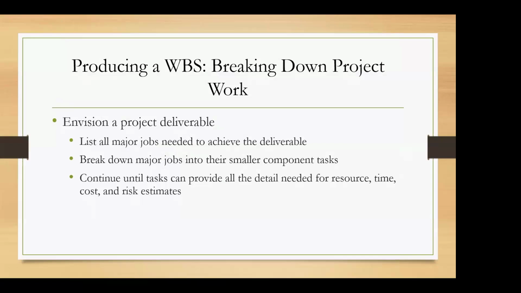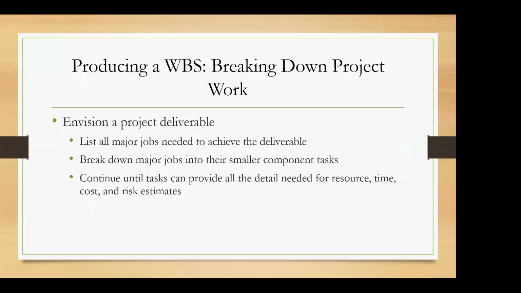When we are producing a work breakdown structure, we need to decide how we are going to break down the project work. In order to do that, you have to envision what the project's deliverables are. You have to list all the major jobs that you need in order to achieve every deliverable in your project.